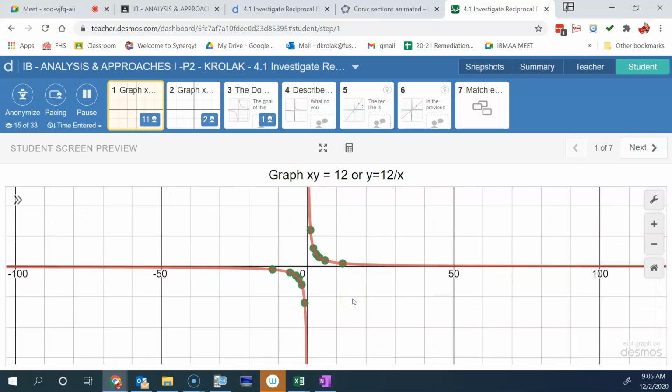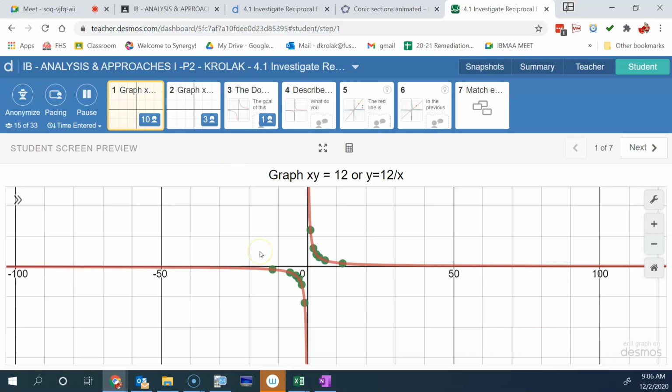So if you flip this up and down over the x-axis, would it look the same as flipping it over the y-axis? Yeah, exactly. They're going to look the same. Okay, that's because this is an odd function.